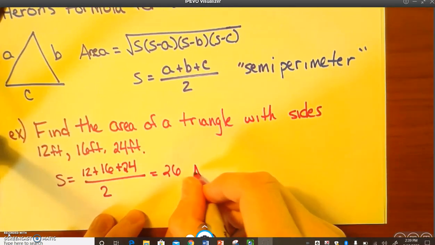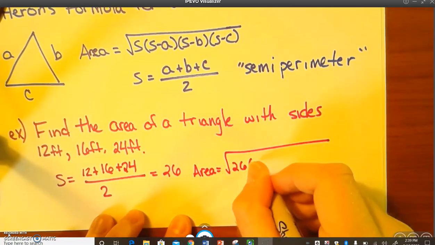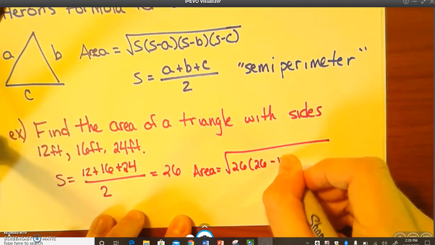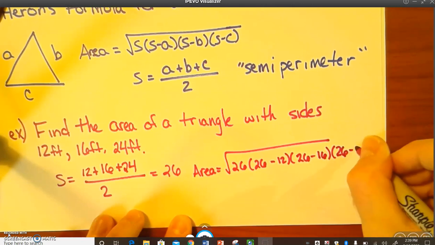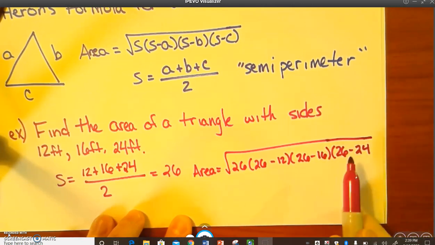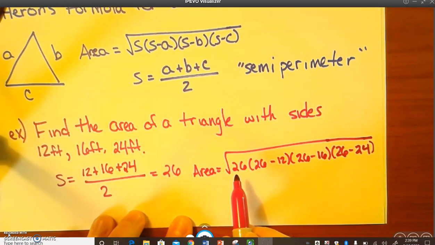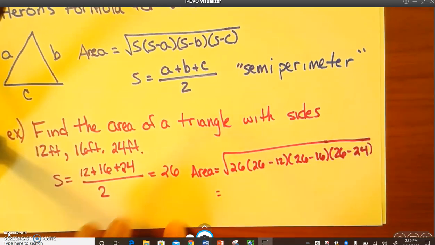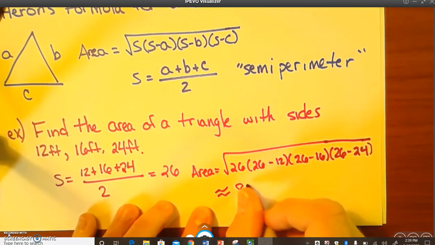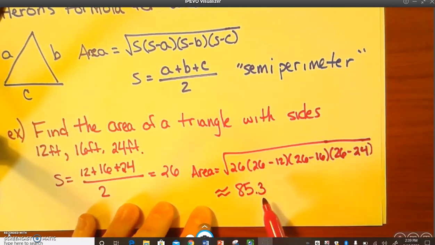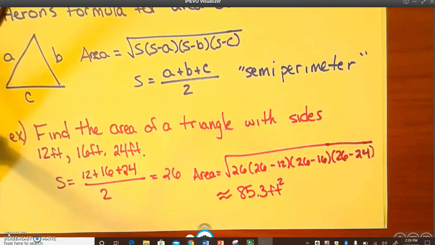So then the area would be the square root of 26 times (26 minus 12) times (26 minus 16) times (26 minus 24). As long as each one of these is in its own set of parentheses, it doesn't matter which order you put them in, because they're all going to be multiplied eventually anyway. And I get about 85.3. Keep in mind it's area, so it's going to be units squared, in this case feet squared.